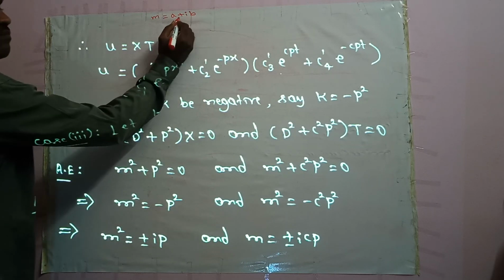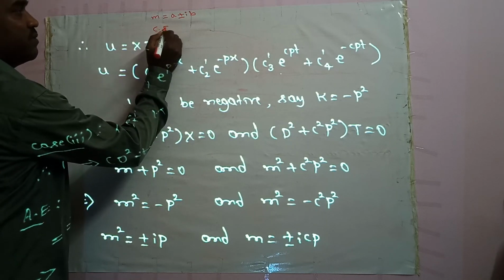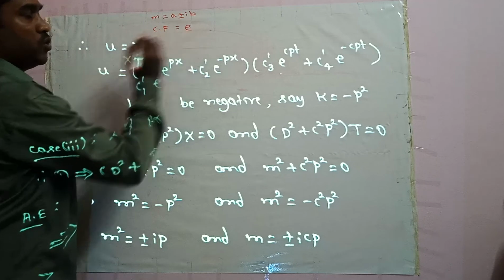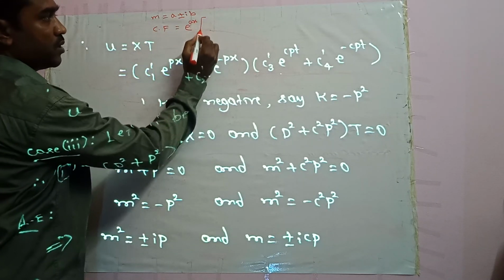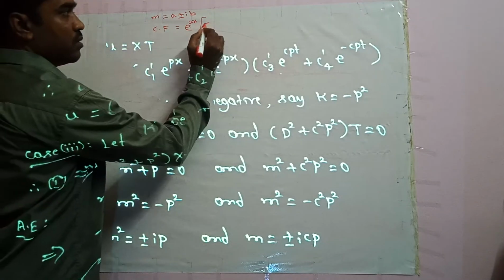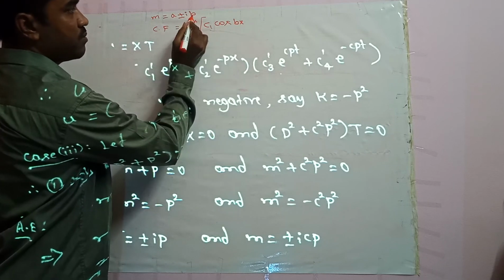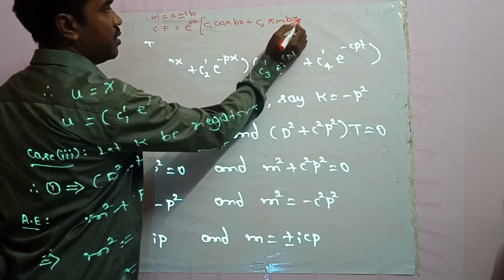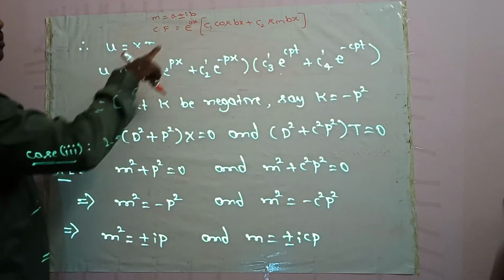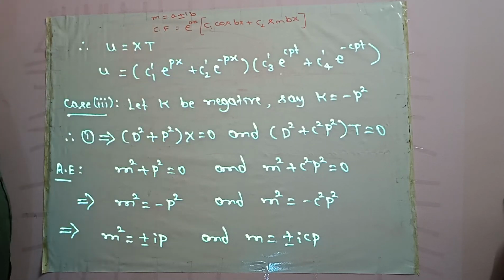Then what is the CF? CF is equal to e to the power ax into C1 cos bx plus C2 sin bx. So this is the complementary function when you have this type of complex root.